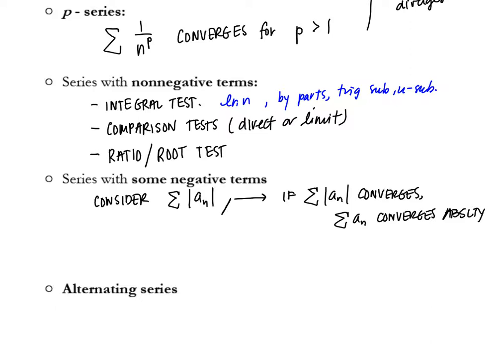But if it does not converge, if it diverges in absolute value, then we use the alternating series test, the AST, here to check for conditional convergence.